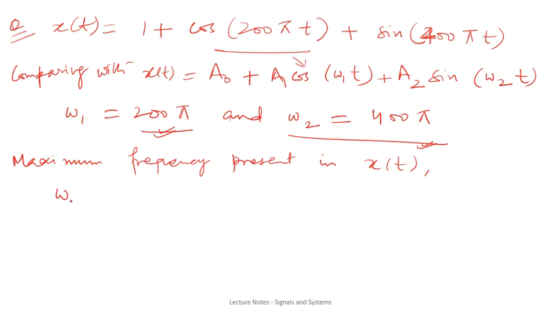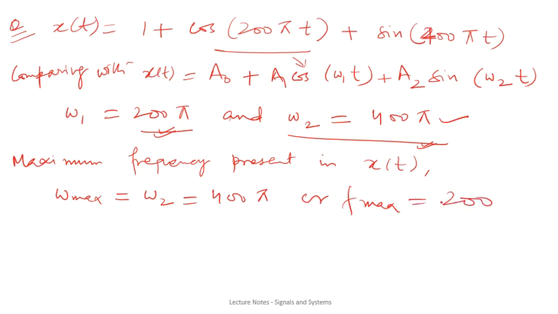If we denote it with omega max, it will be equal to this omega 2, which is 400 pi, or in terms of f max you can write it as 200. So the Nyquist rate will just be double this maximum frequency component.